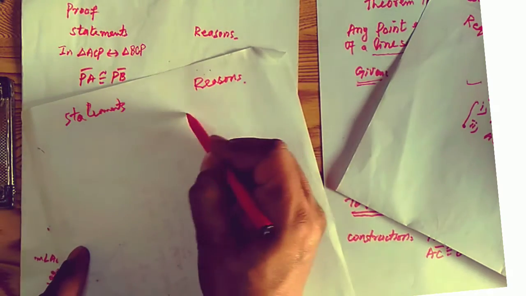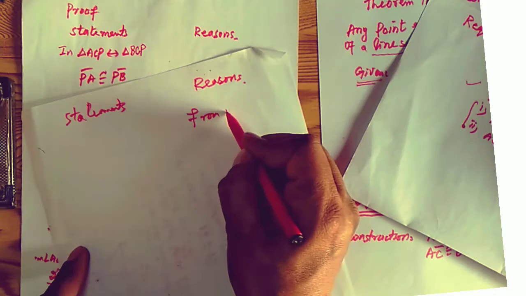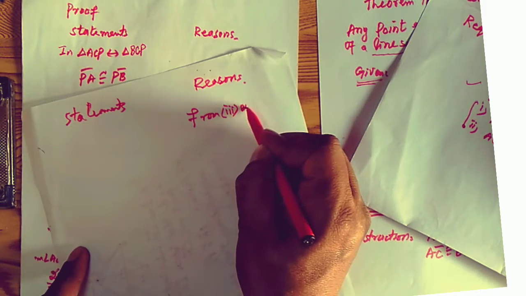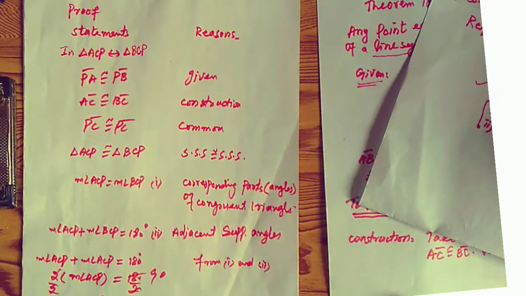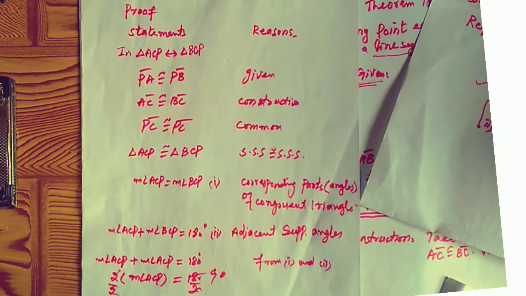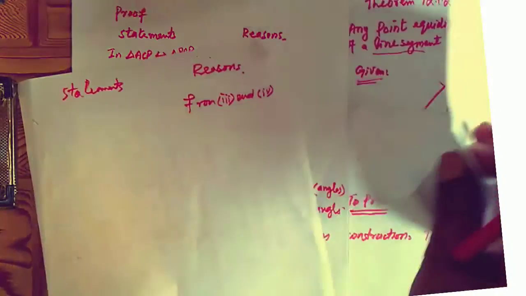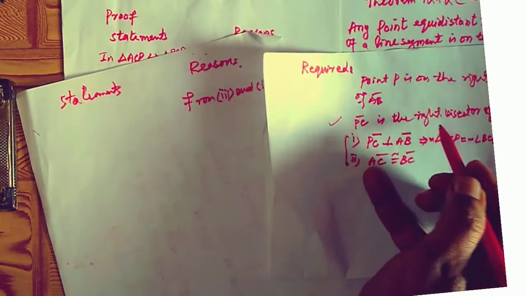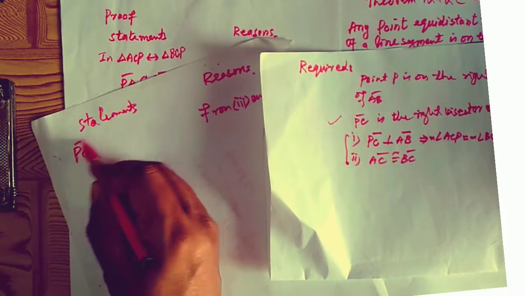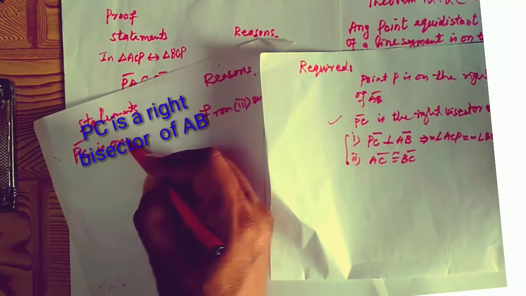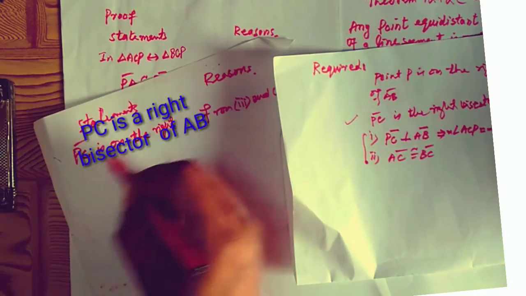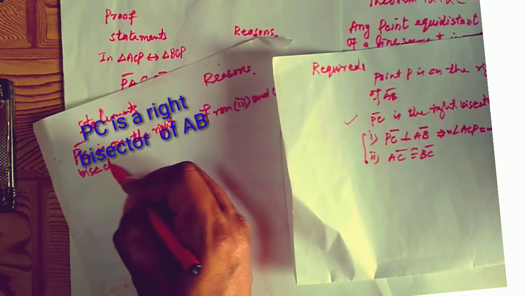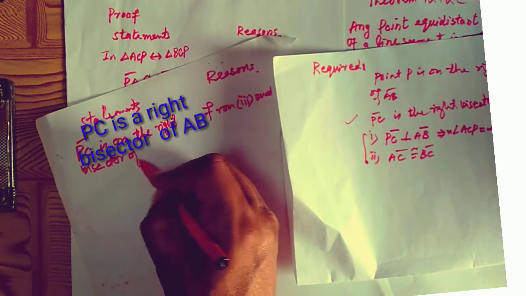Reasons: from equation 3 and 4, the third equation is PC perpendicular to AB, and the fourth equation is AC congruent to BC. We can write it: PC is on the right bisector of line segment AB.